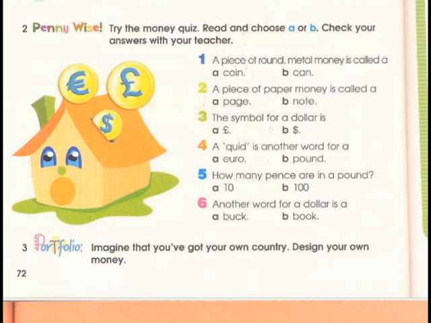The symbol for a dollar is B. Number 4. A quid is another word for a pound. Number 5. How many pence are in a pound? The answer B. 100.